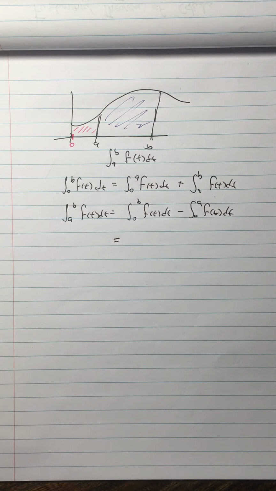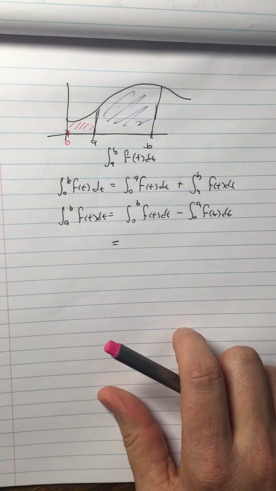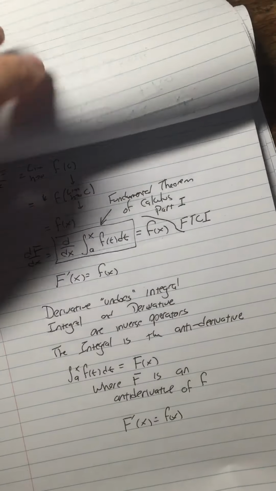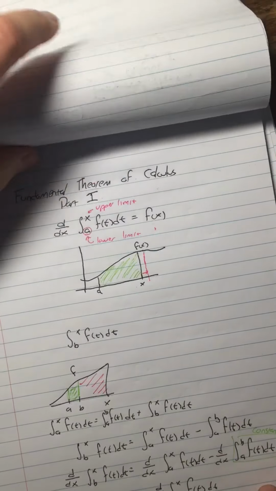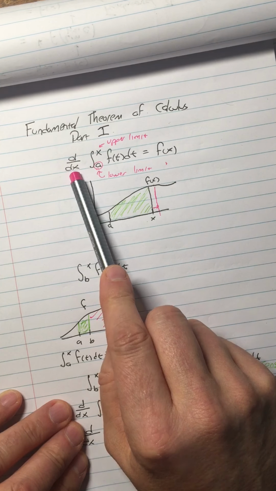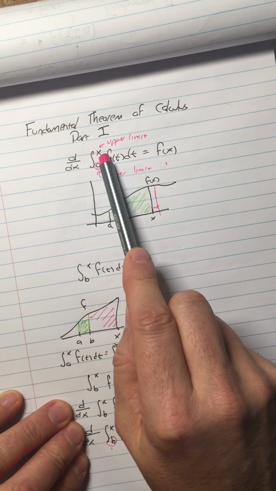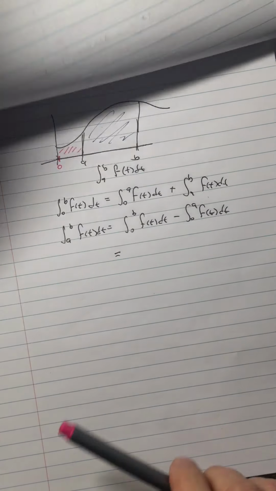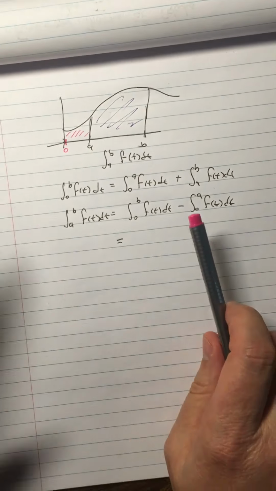Now what I've got is this nice relationship with the fundamental theorem part 1, where the derivative with the x on the top is f of x, regardless of what is on the bottom. The bottom is 0, that is arbitrary.